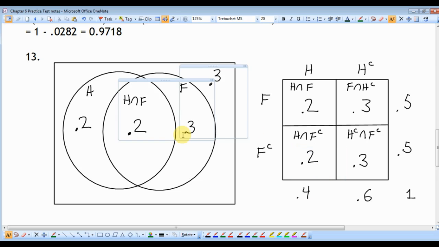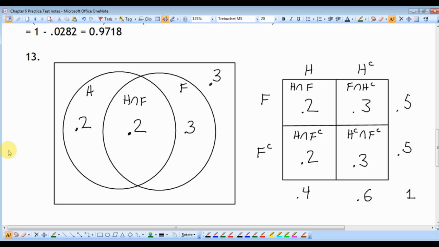So in the Venn diagram I've labeled these. The left circle is the probability of getting into Harvard. The right circle is the probability of getting into Florida. The almond shape in the middle is the probability of getting admitted into both Harvard and Florida.